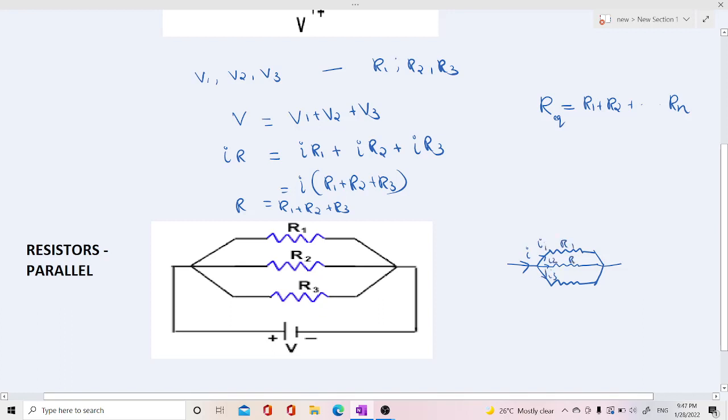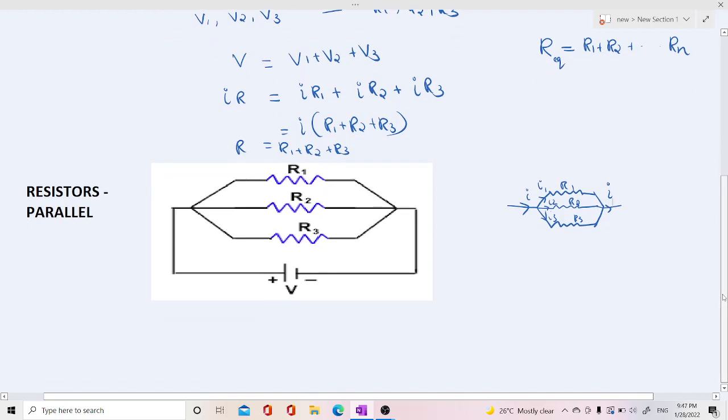It will depend on the value of R1, R2 and R3. Here again it will flow like I, which means I1, I2, I3 will join and will flow as I. And when we consider the combination, here current is different, therefore we can take the overall sum of this current, that is I is equal to I1 plus I2 plus I3.